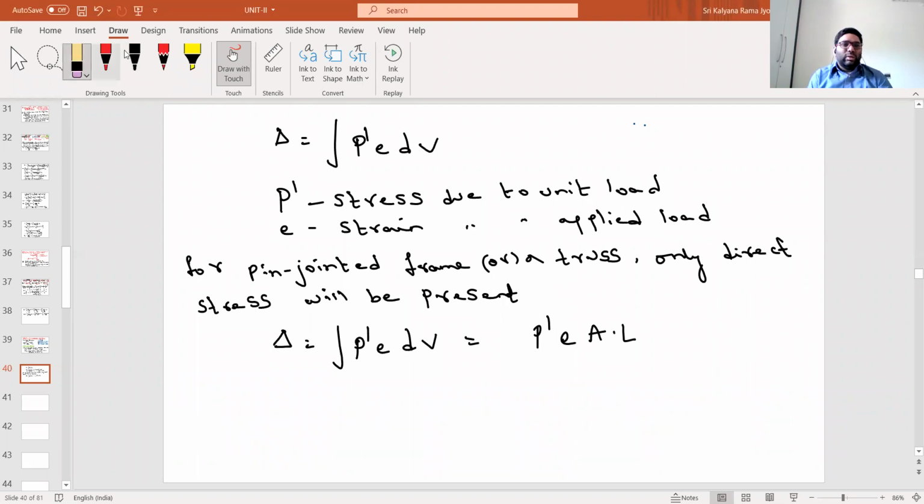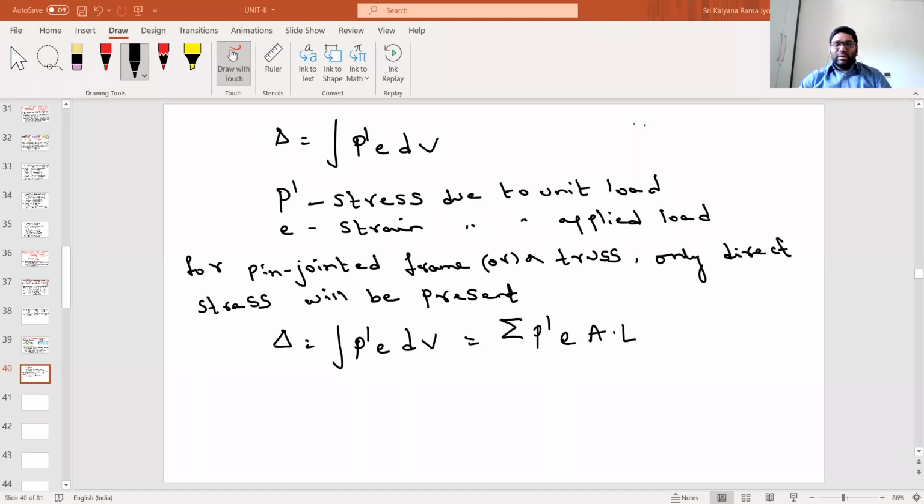We have converted it, so it is sigma P dash E into A L. dV is the volume. How do we get volume? Volume is equal to area into length. So why sigma? There are so many members of the truss, so for all the members it is considered. A is the cross section area and L is the length.